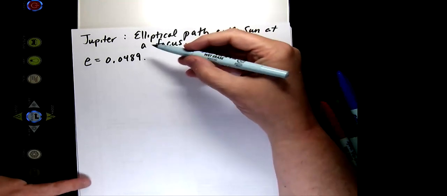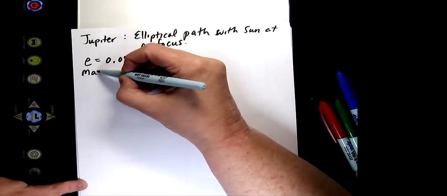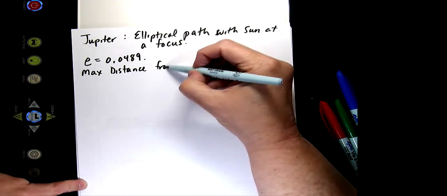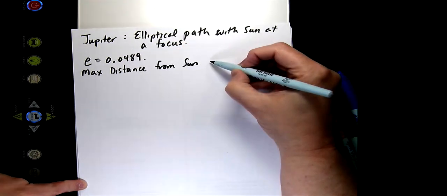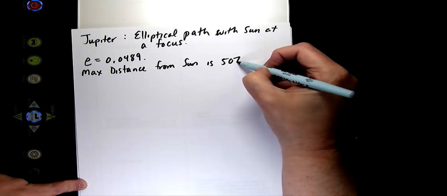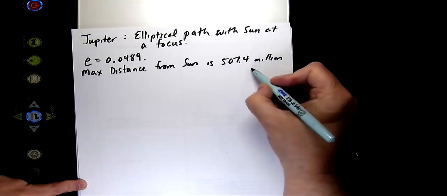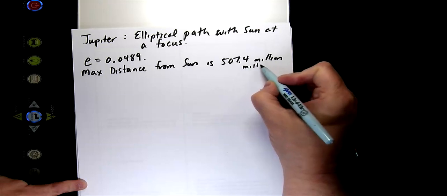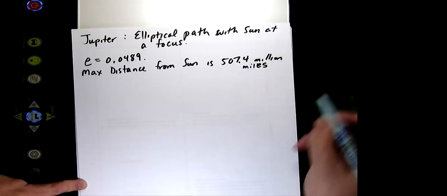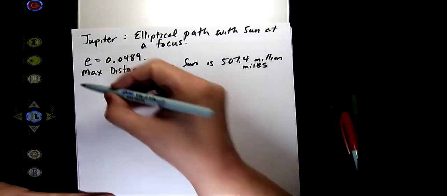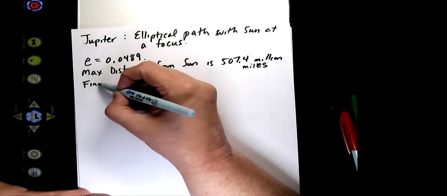And the maximum distance from the sun is 507.4 million miles. This is from the World Almanac. We are going to find the closest distance to the sun.